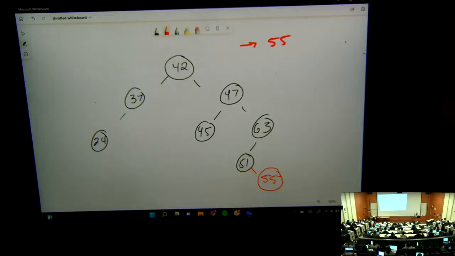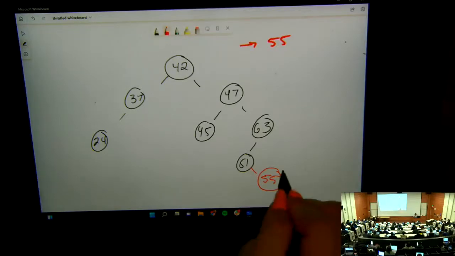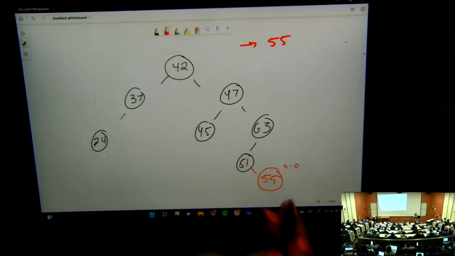Now, a bunch of people asked me this after class on Friday, which is great. The way that we implement AVL trees is we're actually going to store the height of each node inside of itself. That's one way to do it. There are other ways to do it. So right now we're going to say the height of this is 0, because remember, a node by itself has a height of 0.